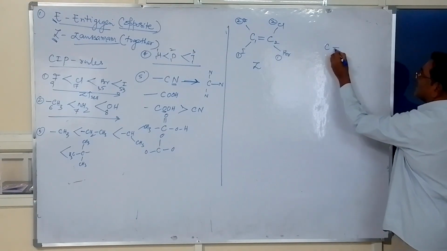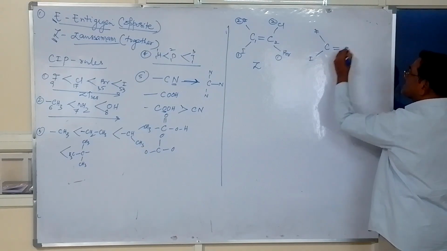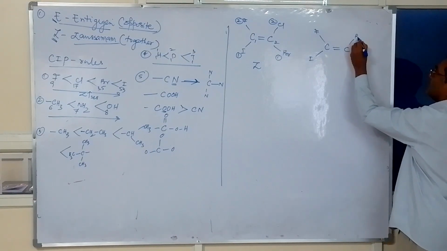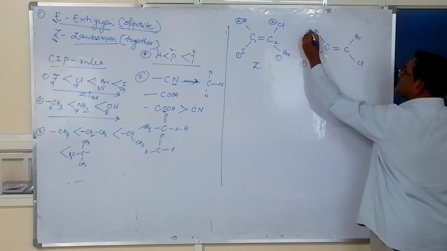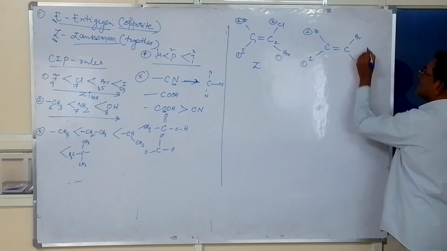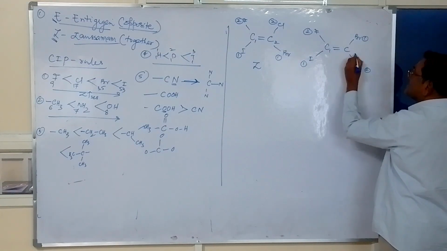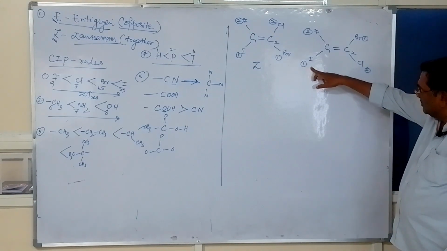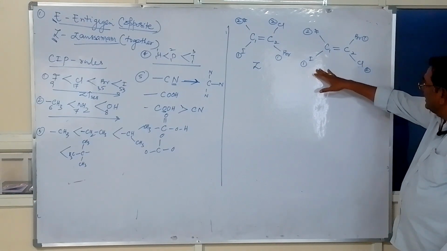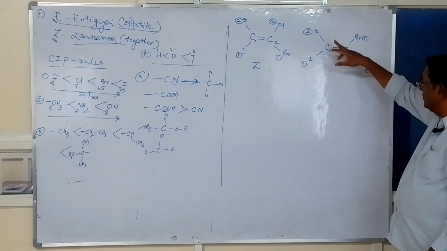For instance, children, we are going to just interchange this bromine and this chlorine. First priority comes to this, second priority comes to this. On the first carbon, the highest priority group is going to be below the plane, and the lowest one is going to be above the double bonded plane.